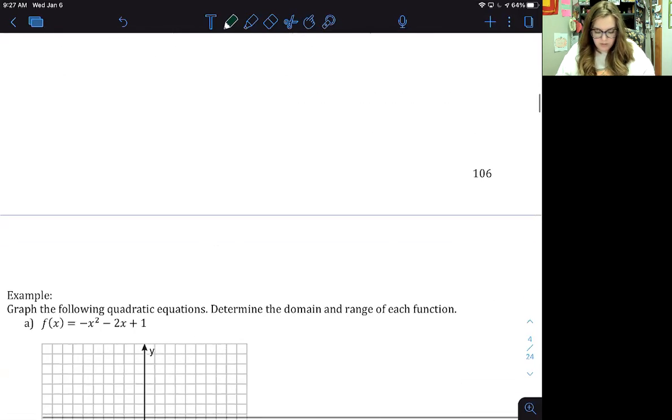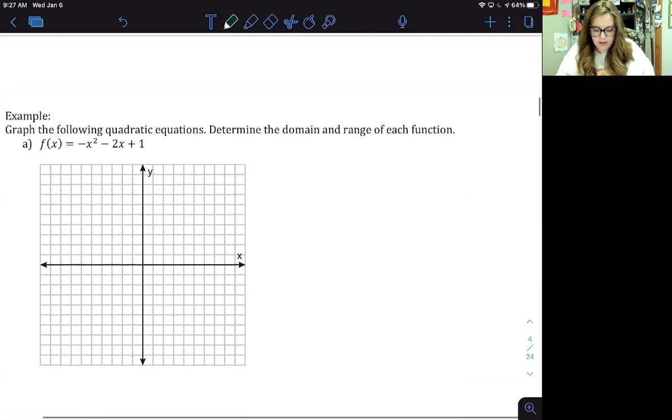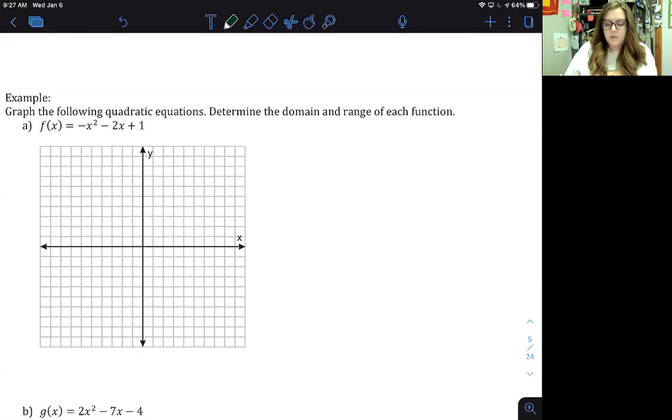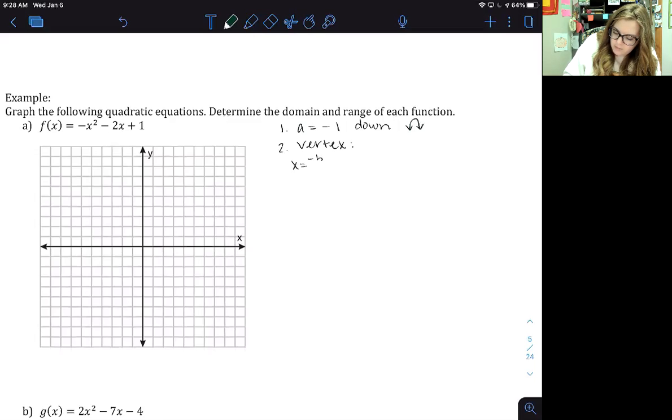So if we look at this first example, negative x squared minus 2x plus 1. First thing, our a value is negative 1, which means we're facing down. So now to find our vertex, we're going to do a little bit more work. So we want to start off with finding x equals negative b over 2a.